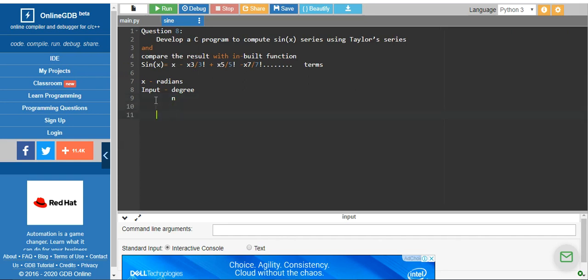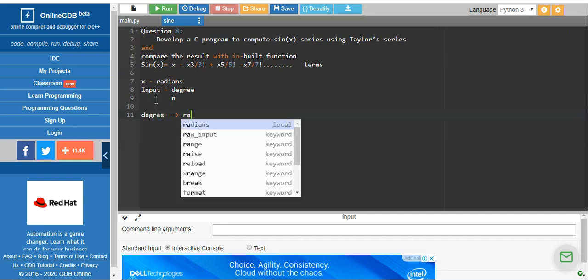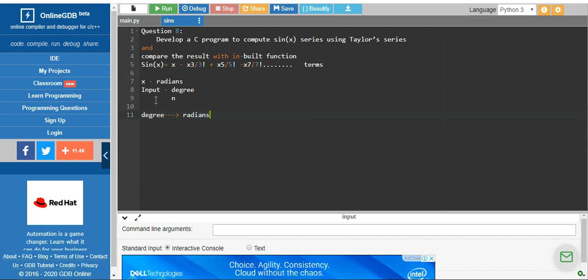Next, in order to evaluate through this equation, we need to convert the degree into radians. How do you convert degrees into radians? You have a formula: radians is equal to degree into pi by 180.